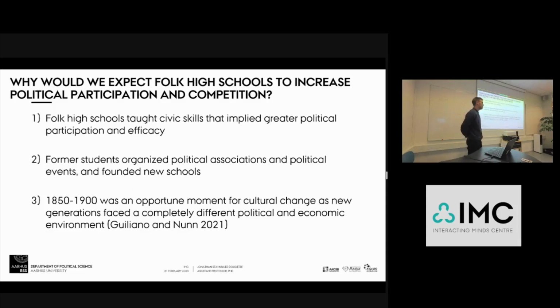And in addition, the period that we're looking at, from the 1850s to 1900, was a period of immense political and economic change in Denmark, which previous research has shown us are opportune moments for cultural change. So there are at least a number of good reasons to suspect that folk high schools had an effect on these kind of outcomes. But that will be for the future part of the project.